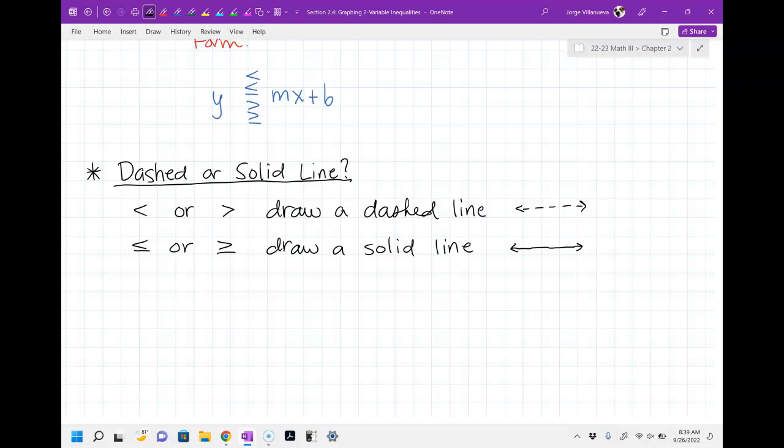Another question you have to ask yourself is, am I shading above the line that I drew or below the line that I drew? So, shading above or below the line.